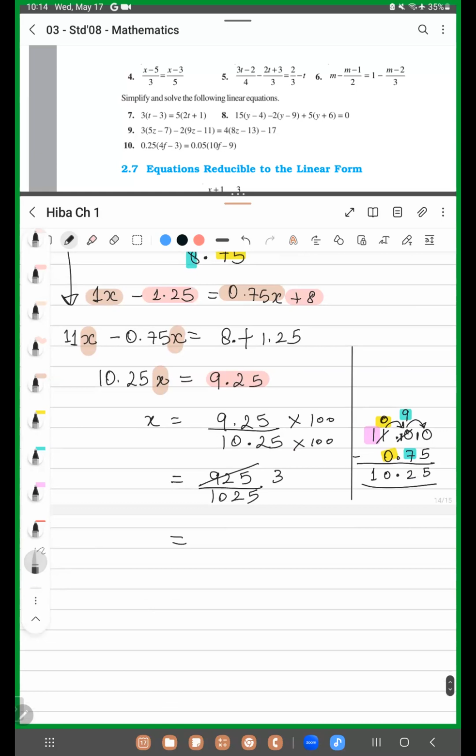Can we just leave it here, or is it a must to simplify it? अच्छा देखो बच्चे, if you don't simplify it, you might lose half a mark. If it is a 2 mark question or a 3 mark question, you might lose half a mark.